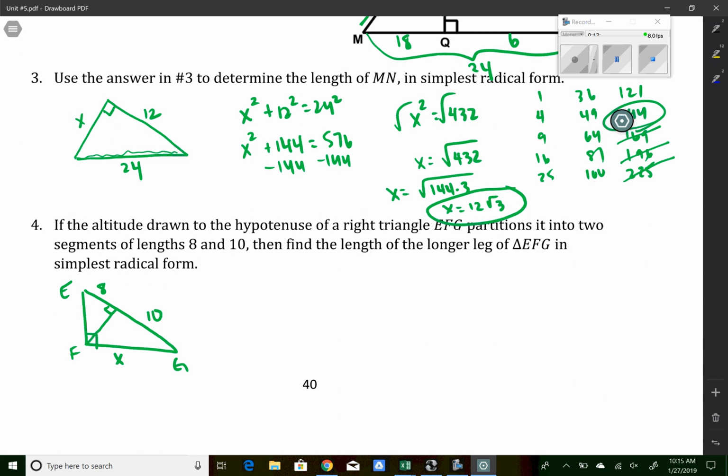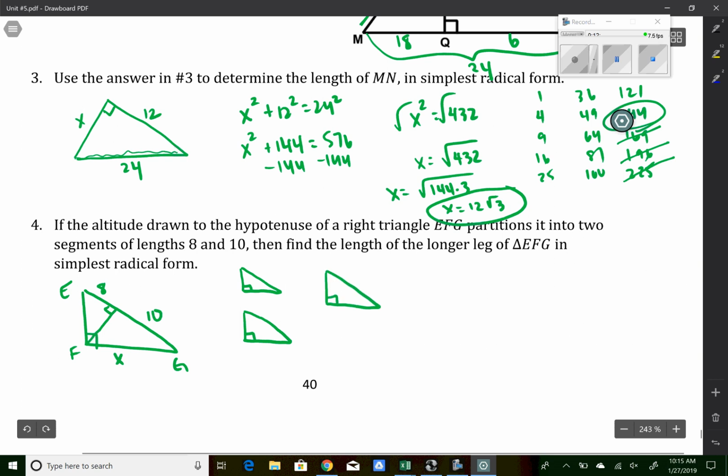So if we go through and start looking at our separate triangles, the small triangle, the medium-sized triangle, and the largest triangle, all have things labeled. In the largest triangle, I know the hypotenuse is 18, the longer leg is x. In the medium-sized triangle, I see the hypotenuse is x and the longer leg is 10.